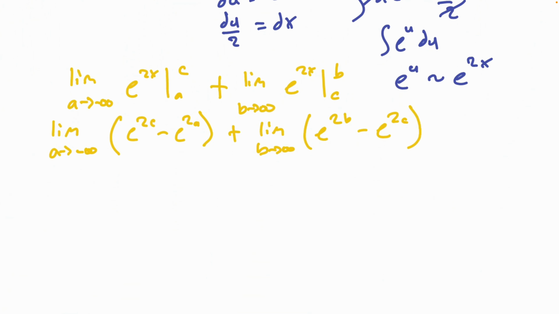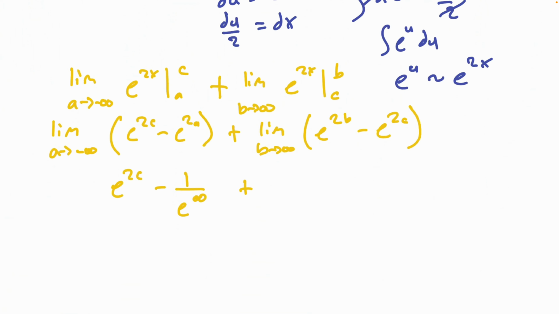And let's evaluate those now with our limits. Remember, c is just a number, so it's not a variable. So e to the 2 times a number, that's e to the 2c, minus e to the 2 times negative infinity. I'm going to plug in negative infinity for a. That 2 times negative infinity is just negative infinity. Of course, a negative power puts us on the bottom of a fraction, so 1 over e to the infinity.